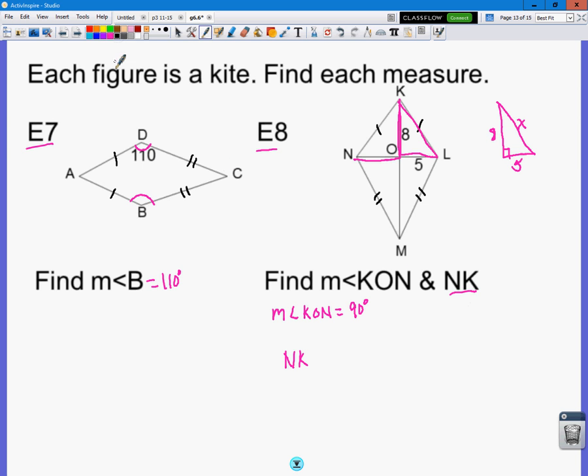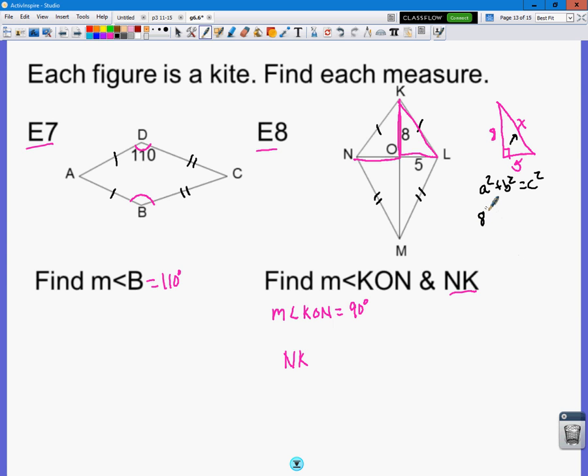How would I find it? Say it. Pythagorean theorem. A squared plus B squared equals C squared. The only side that's important is the C side. The C side is across from the 90-degree angle.